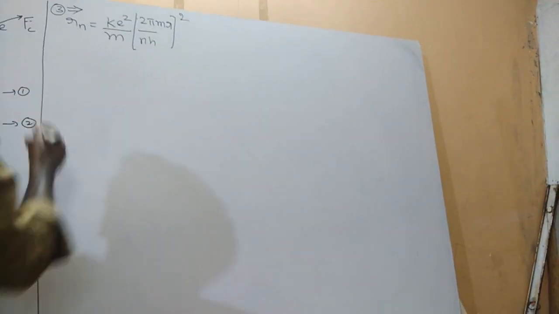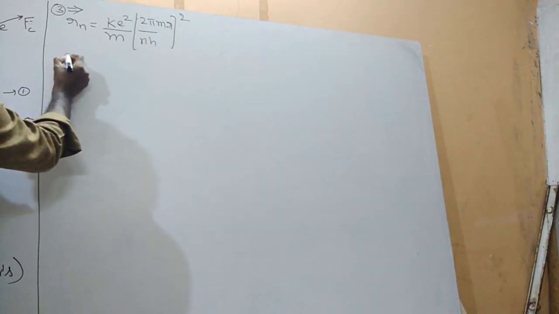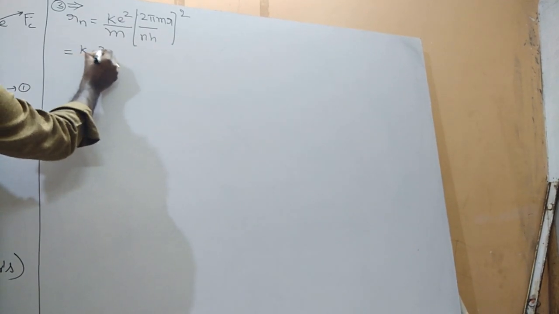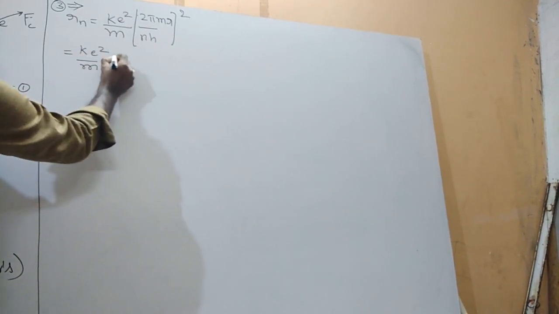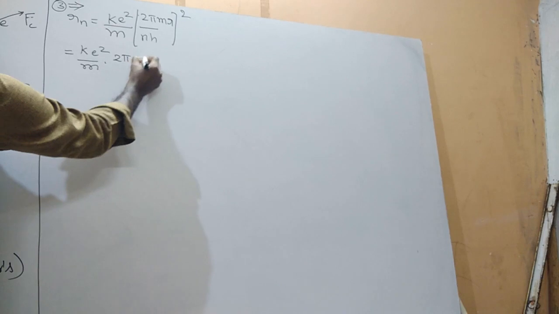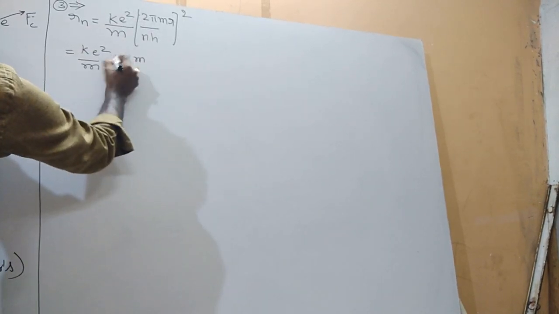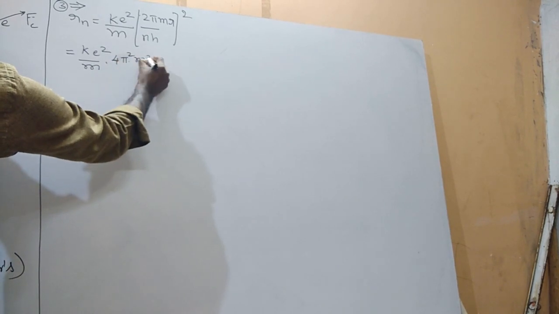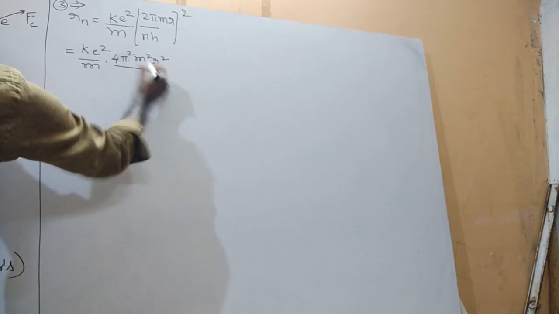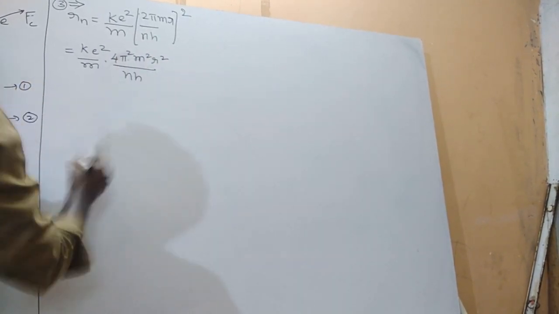So now I am rewriting this equation. What will happen? K into e square divided by m into 4 pi square m square r square divided by n square h square.